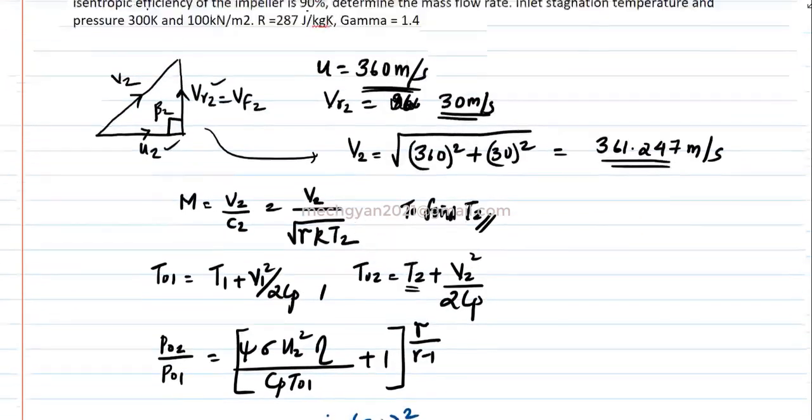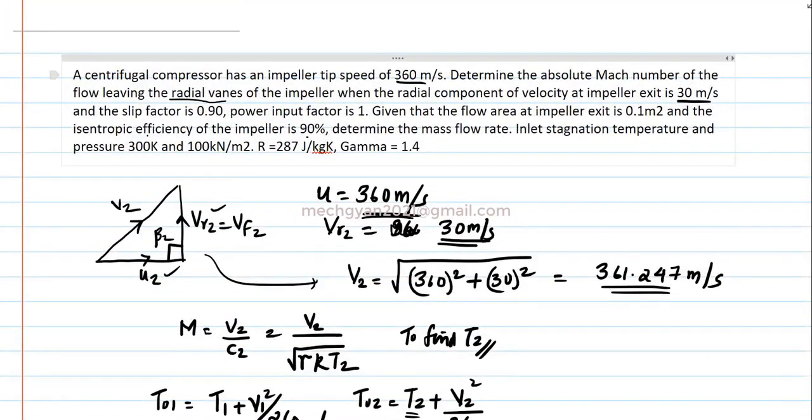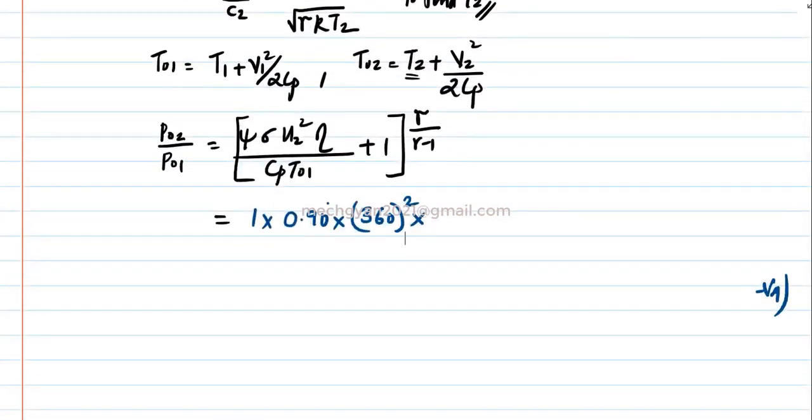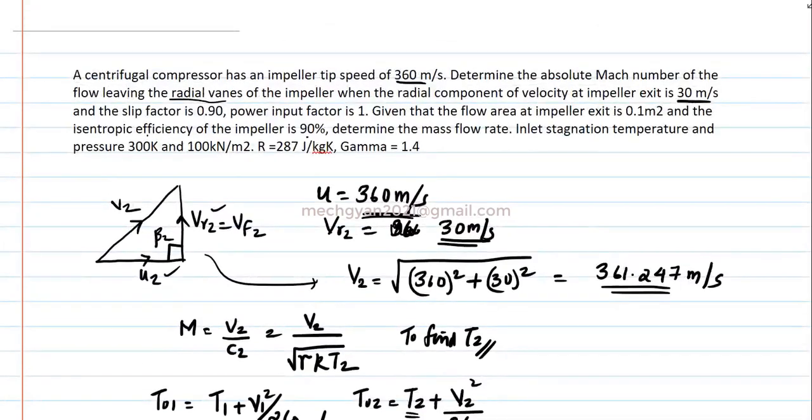Efficiency is given as 90%, so 0.90 by Cp, which is 1005, and T01 is given.